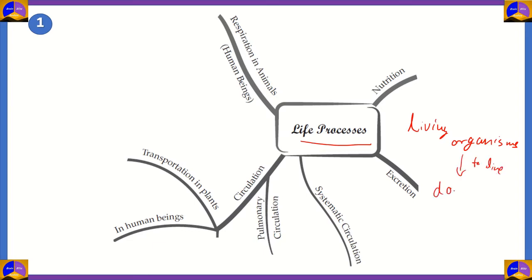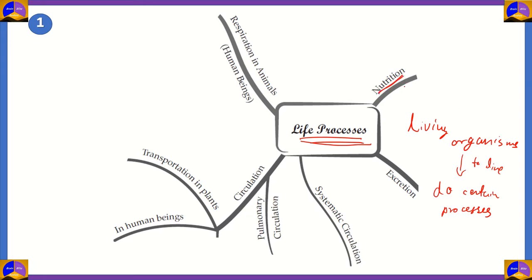So, life processes. Humans are living organisms, and in order to ensure that living organisms live, they need to do certain processes, which are what we call life processes. For example, in order for living organisms to function, they need energy, and the way they get that energy is by nutrition.